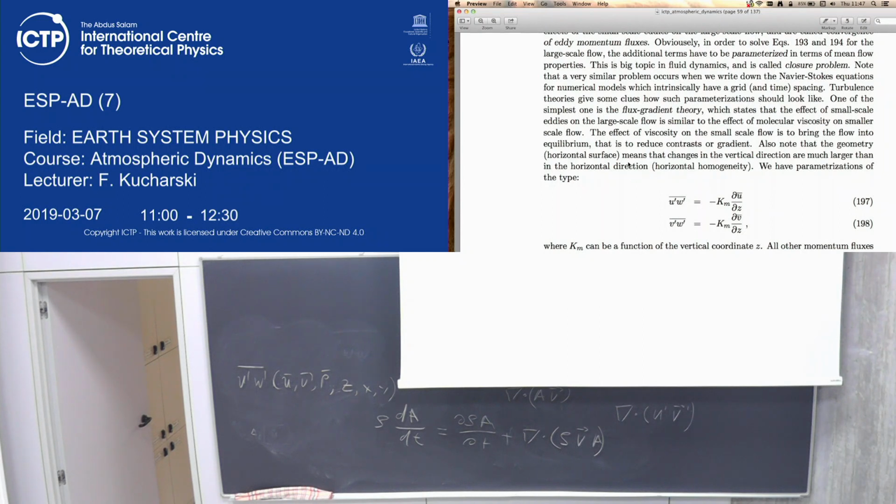Now you can go ahead and take measurements of these eddy covariances in the boundary layer. You don't measure molecular friction, but you try to measure these eddy covariances by improving your resolution and relate this to a mean flow.